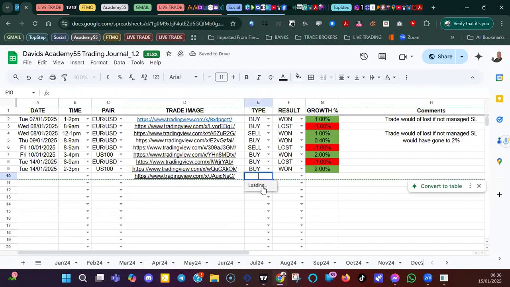It was a sell. Why is it saying loading? I don't know. There we go. EURUSD. It was between 8 and 9. It was on Wednesday. So just drag that down. It was a sell. It won. And it won 2%.